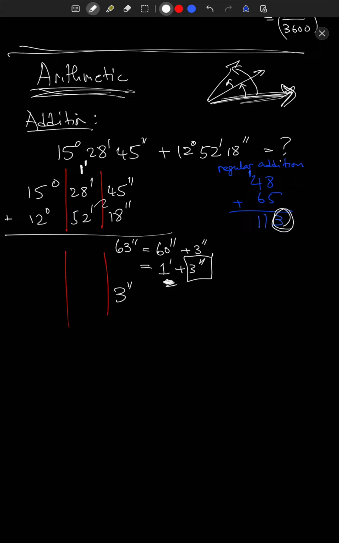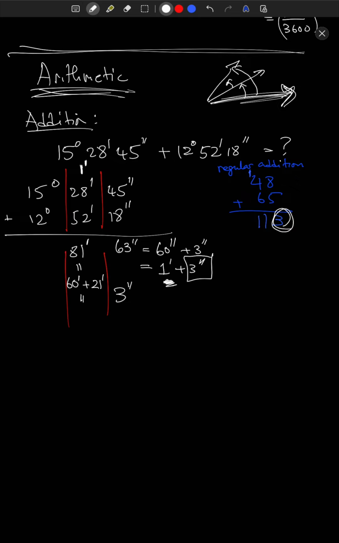So what happens if we add 28 plus 52 plus 1? We get 81 minutes. All right. But again, we don't like to say 81 minutes, right? In real life, in terms of time, we would say maybe an hour and 21 minutes. So we do the same thing here, right? Convert this into 60 minutes plus 21 minutes.